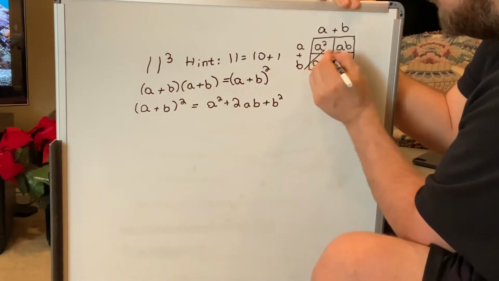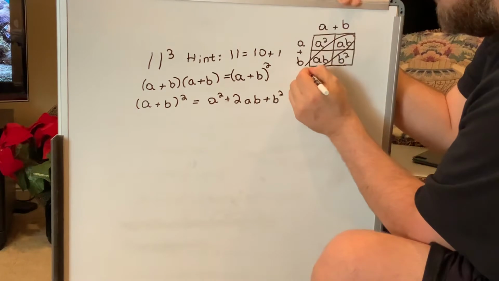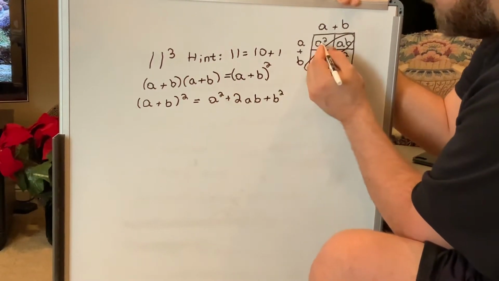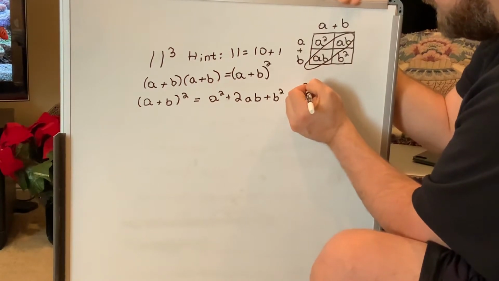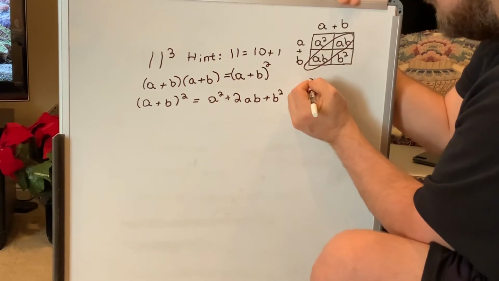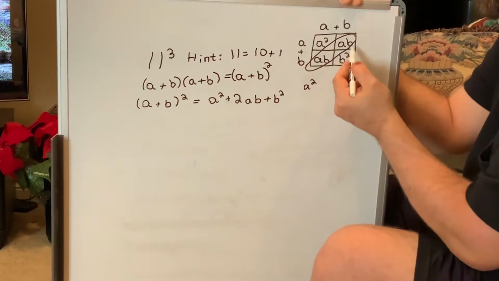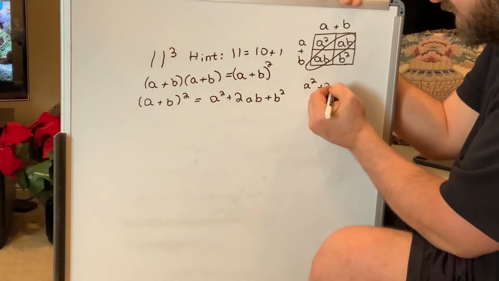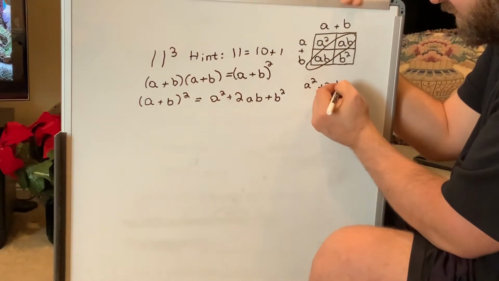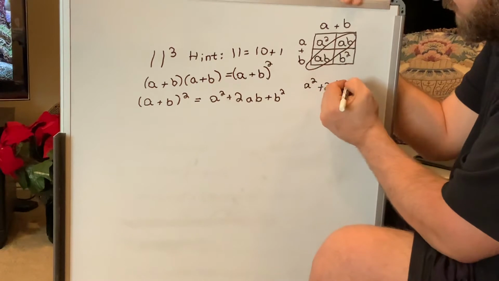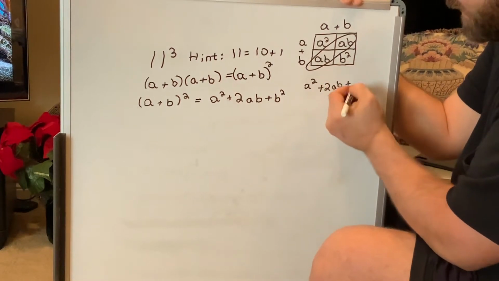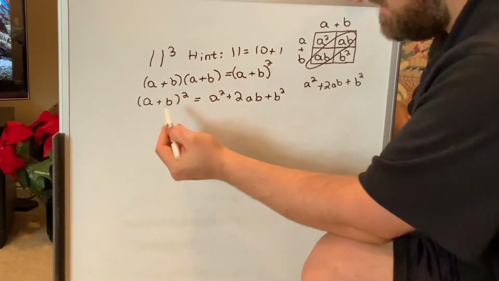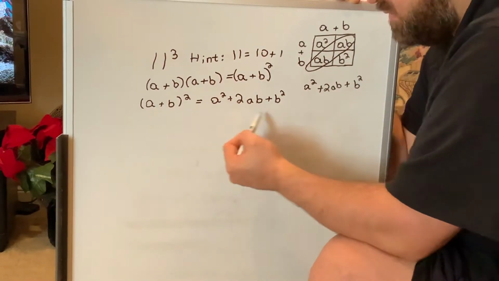And here in the middle, these are the same, and they add to be 2AB. So you start with A squared, and instead of writing AB plus AB, we just write 2AB, plus B squared. This is called binomial expansion.